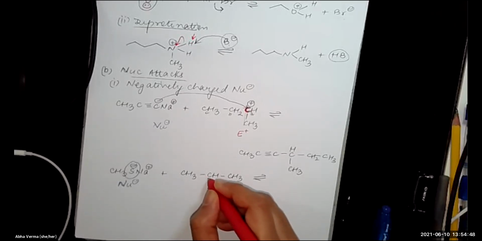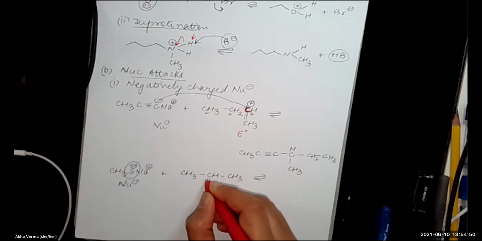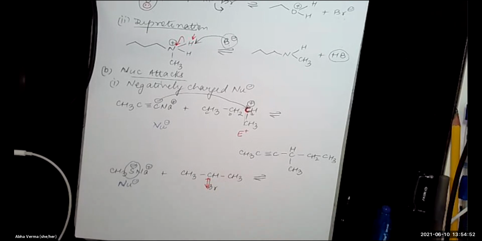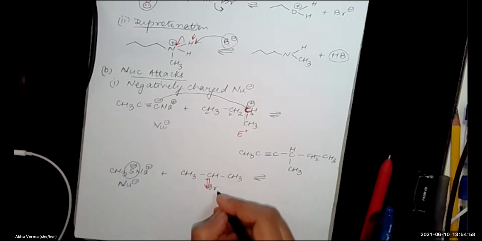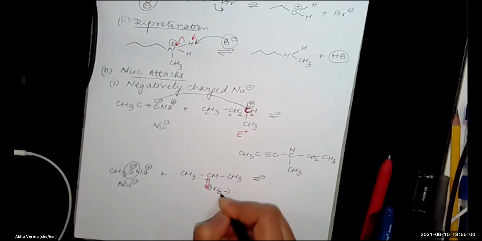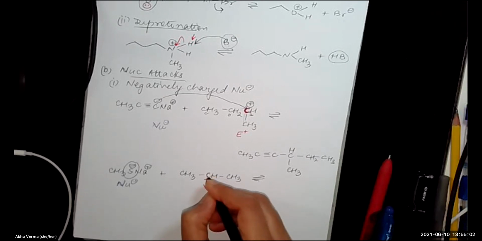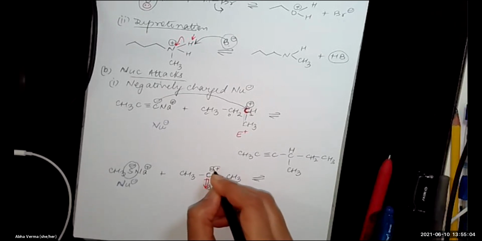This carbon is experiencing an electron pull from this electronegative bromine atom, bringing a partial negative charge here and a partial positive charge here.